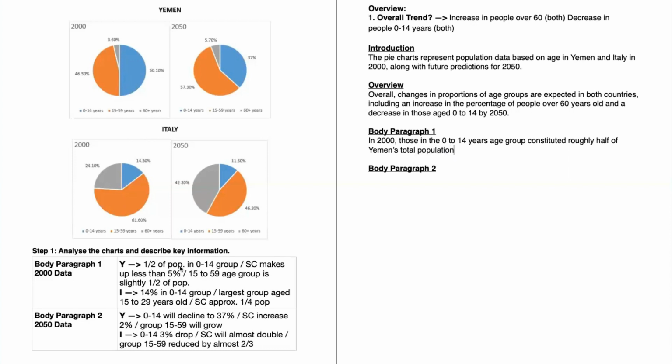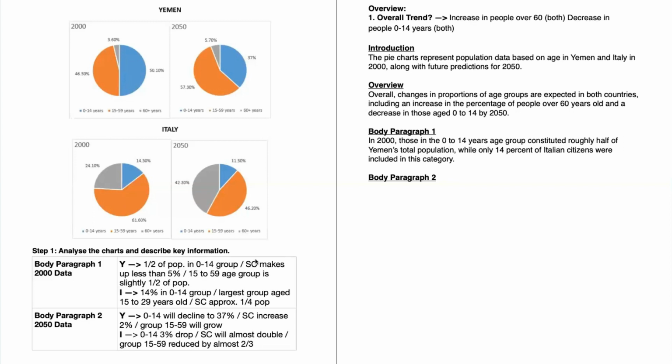So remember, this is what we were talking about here. Now I'm going to directly compare that to Italy. This is very important. So I'm going to say, while only 14% of Italian citizens were included in this category. So we have included relevant information while also comparing Yemen and Italy.